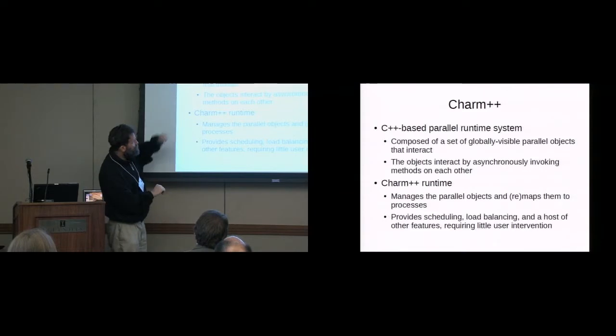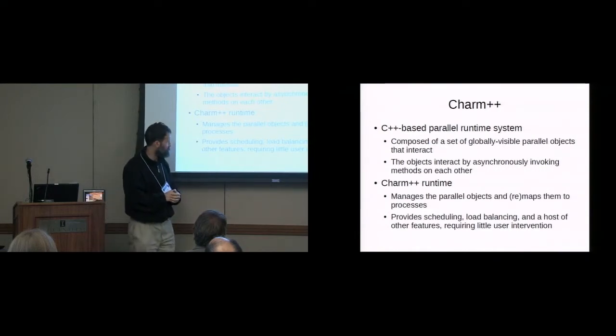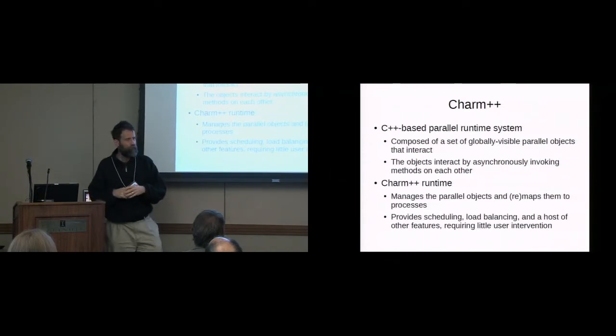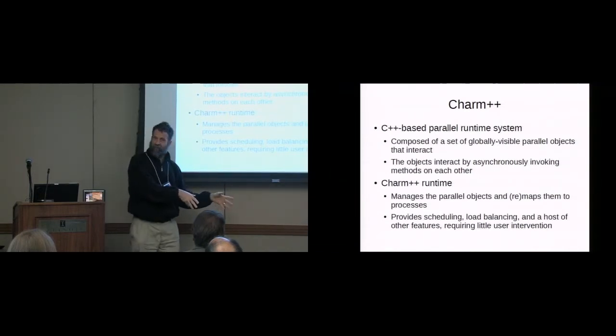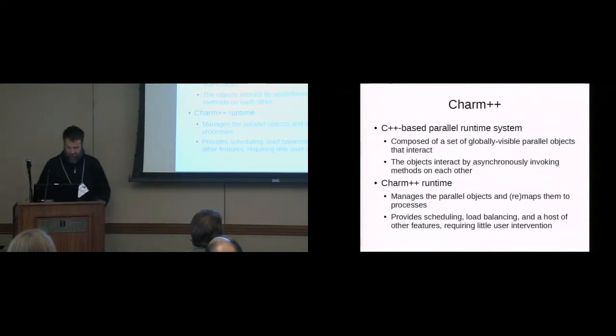So you decompose into the objects, the runtime maps them onto the processors, and you get all these features. So load balancing, your objects get mapped onto disk. That's called a checkpoint. And so a lot of nice features we can use.